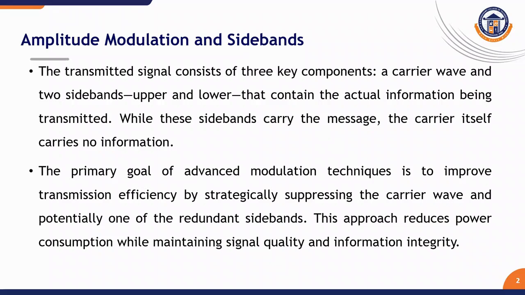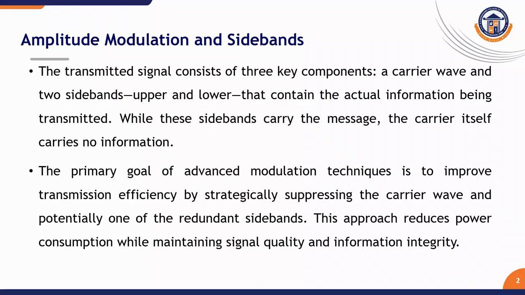Hence there is a strong need for improved modulation techniques which eliminate redundancy and make better use of available bandwidth and power. Since the carrier doesn't carry any information, transmitting it is inefficient. Transmitting both sidebands is redundant because they carry the same message.